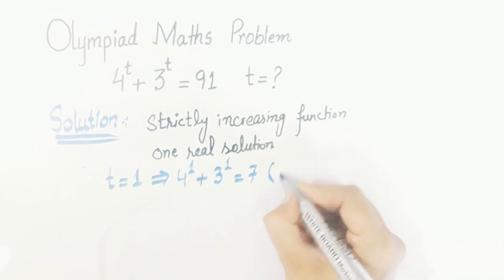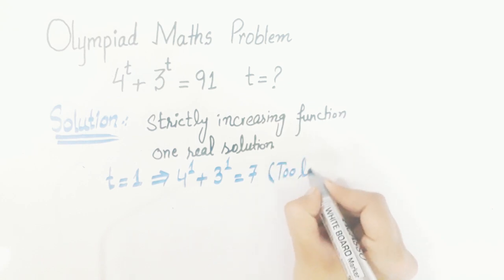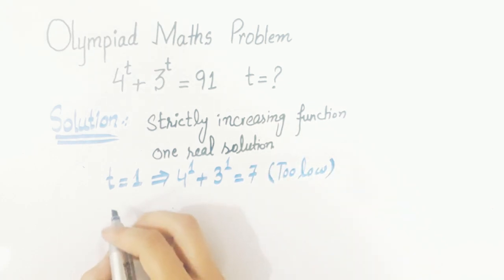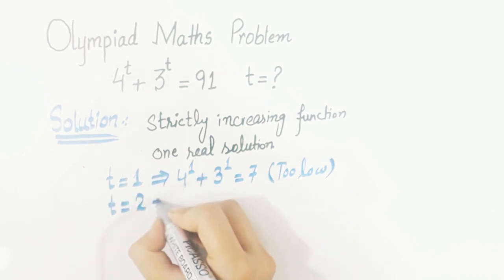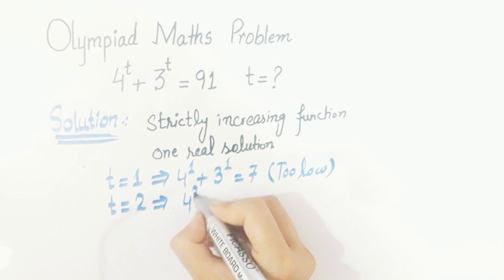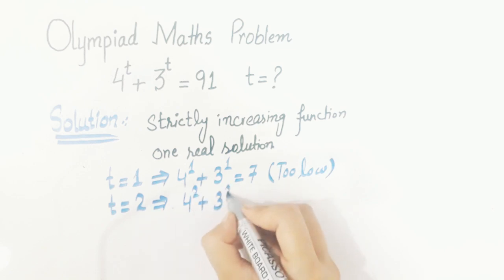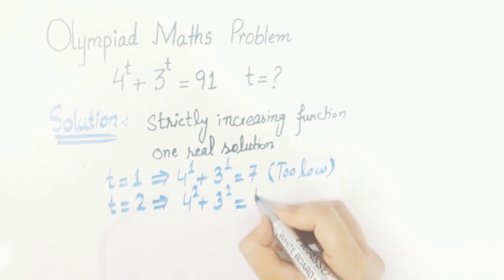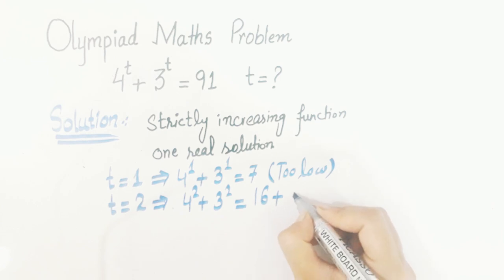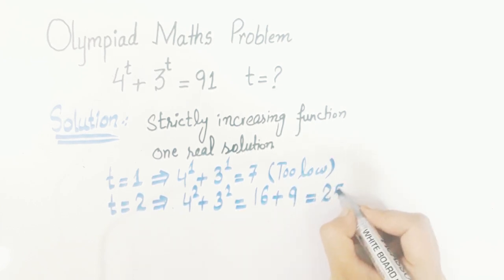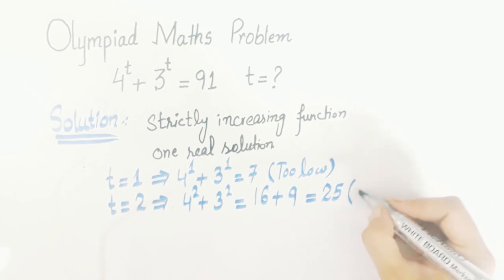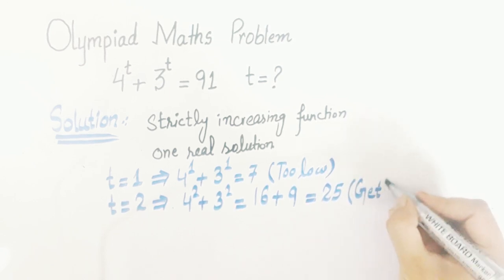That is too low. Now we will test t equals 2, which gives 4 raised to power 2 plus 3 raised to power 2. That is 16 plus 9, which equals 25, and that is getting closer.